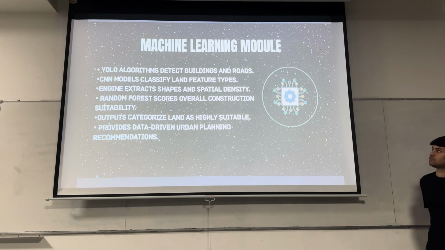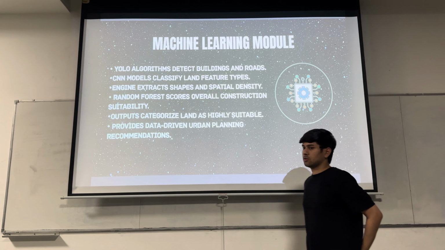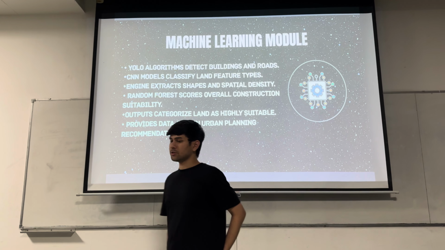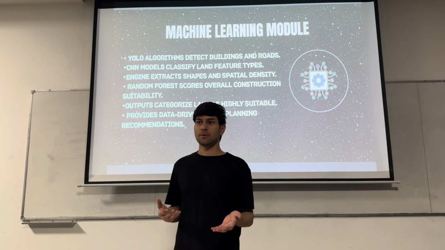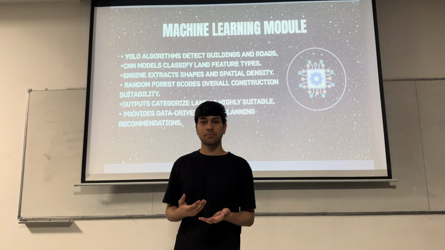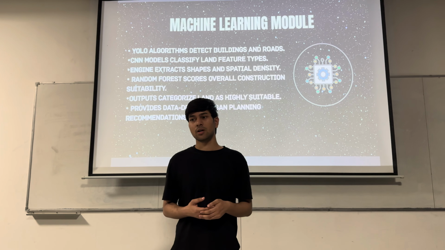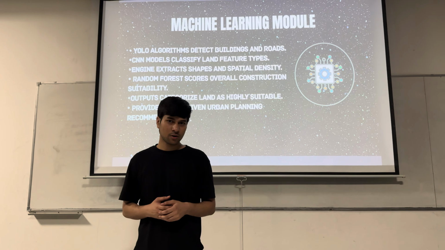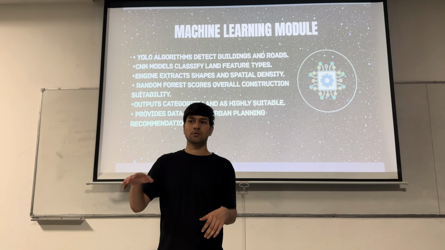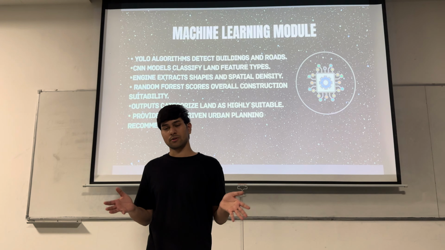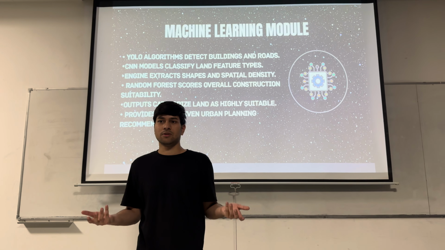We are also using AI in this, with some machine learning models and some deep learning models. In machine learning, we use models like random forest to find the best suitability around that area to construct any infrastructure.